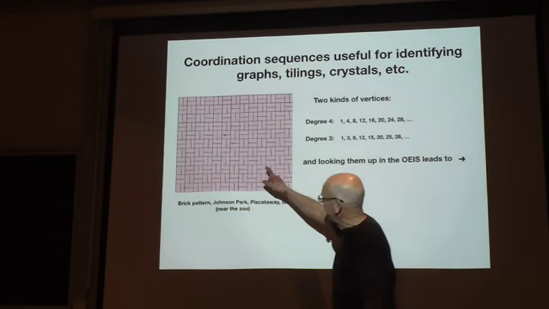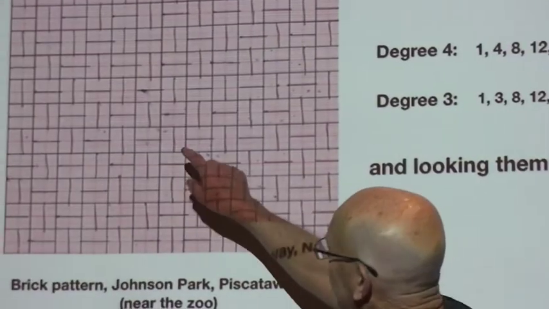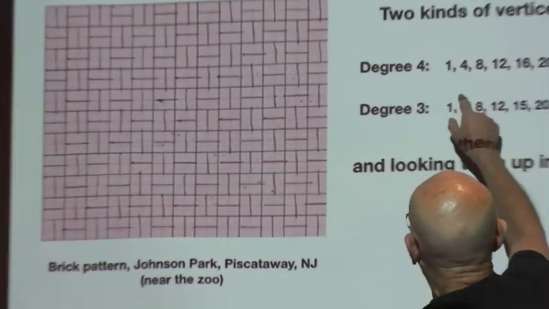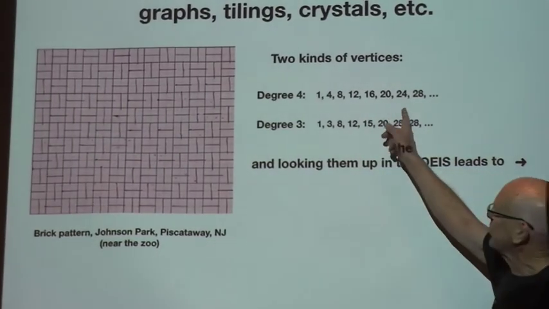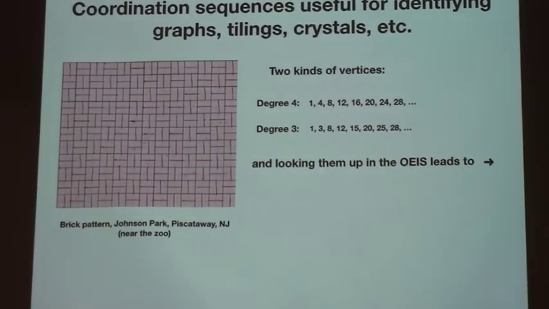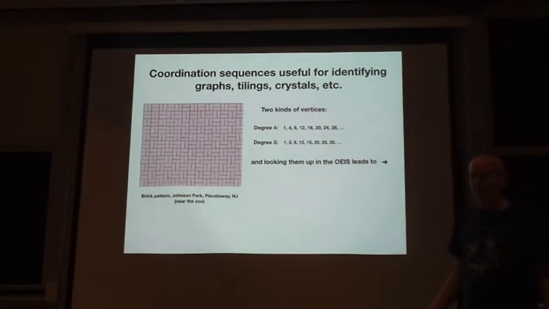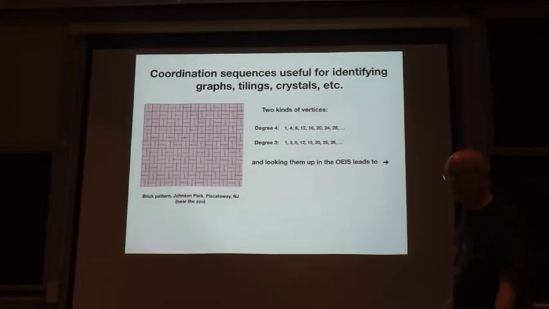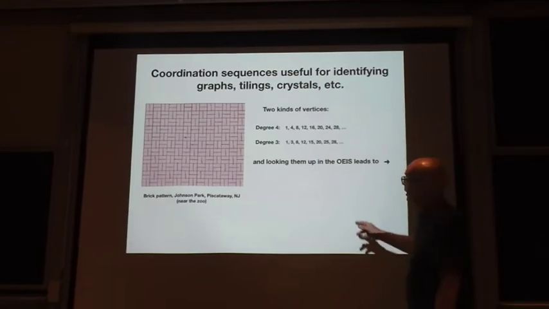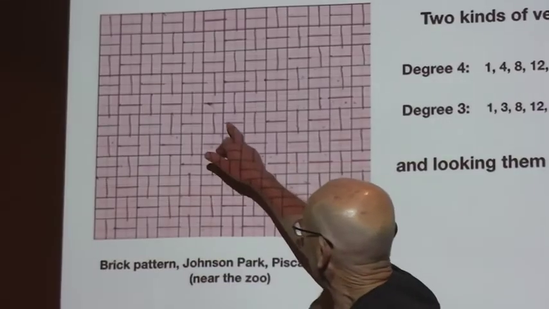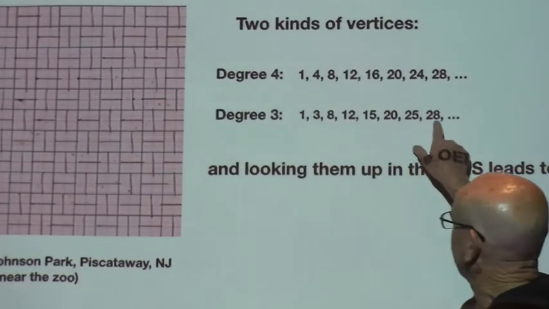If you're sitting at a point of degree 4, you look at the coordination sequence, and it goes 1, 4, 8, 12, 16, 20, 24, which you have seen before, because that's the same as the coordination sequence for graph paper. But this is a different structure. And if you look at the degree 3 point, its coordination sequence is that.